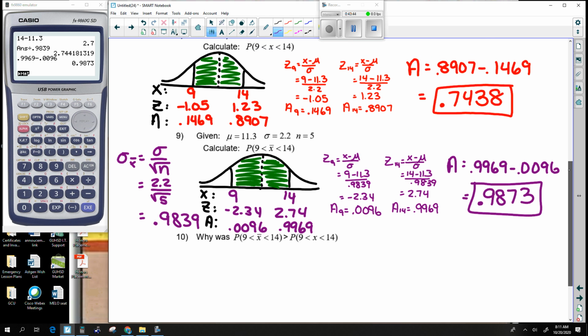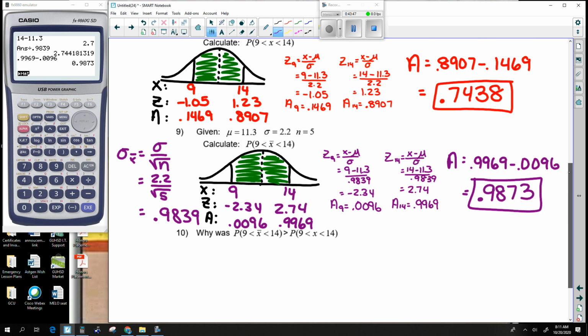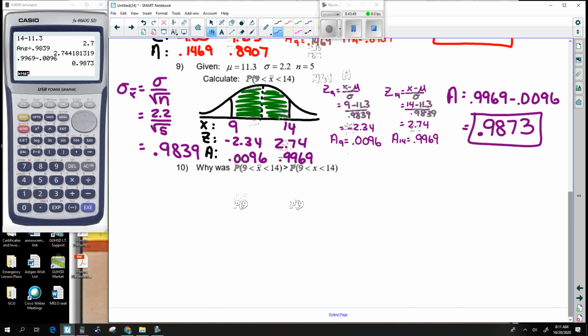Okay, last but not least, they're asking why was the x bar greater than the x? Well, it's because x bar is a sample. And what does that mean?